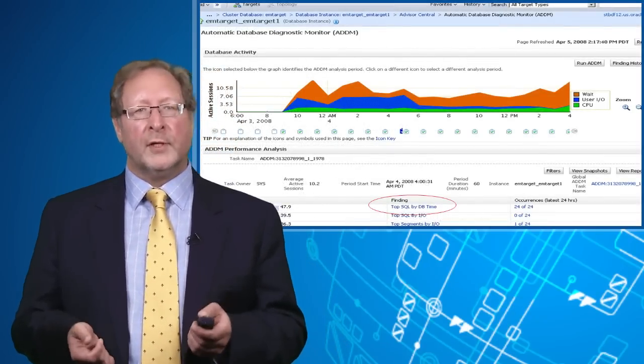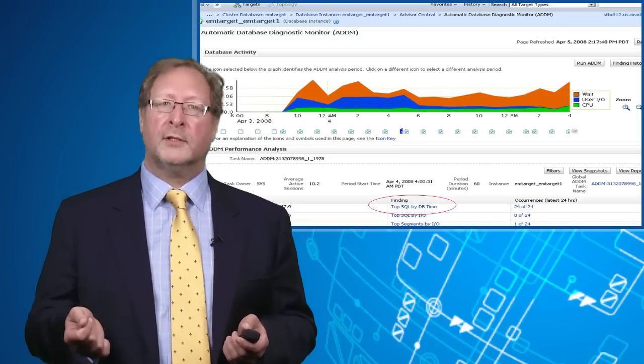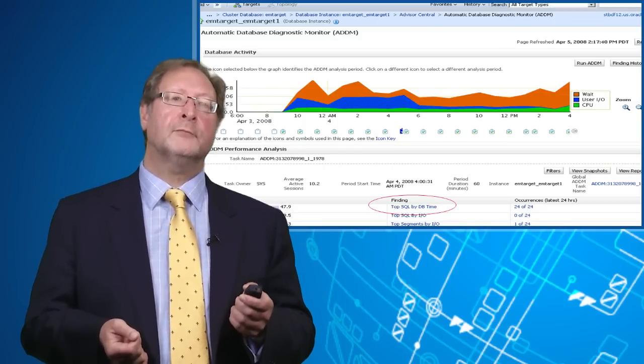Okay, so these are some screenshots, and you can see ADDM findings are listed in order of the amount of impact that they have. Over on the left-hand side of the screen shows the impact. That's actually the database time for that finding.